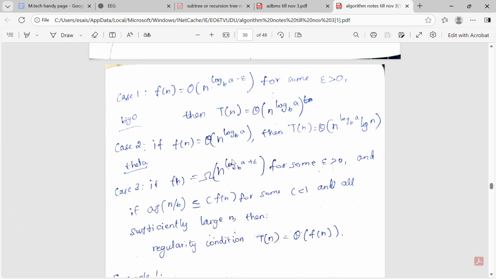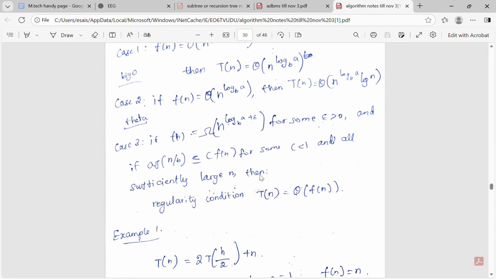If it is equal, the time complexity is theta of n^(log_b a) log n. If it is less than, it is theta of n^(log_b a). If f(n) is greater than n^(log_b a), then we will say T(n) is equal to theta of f(n).